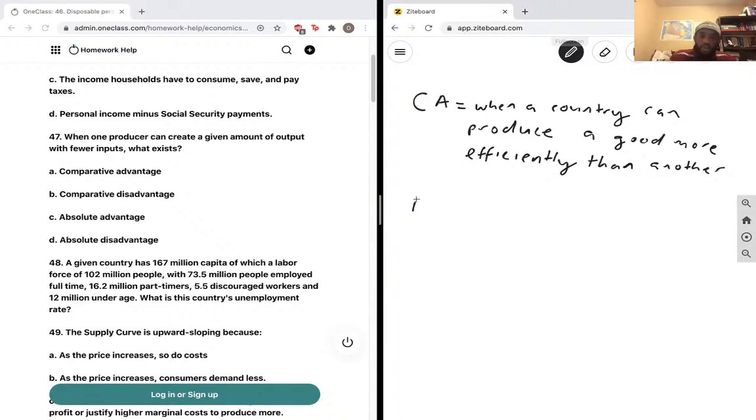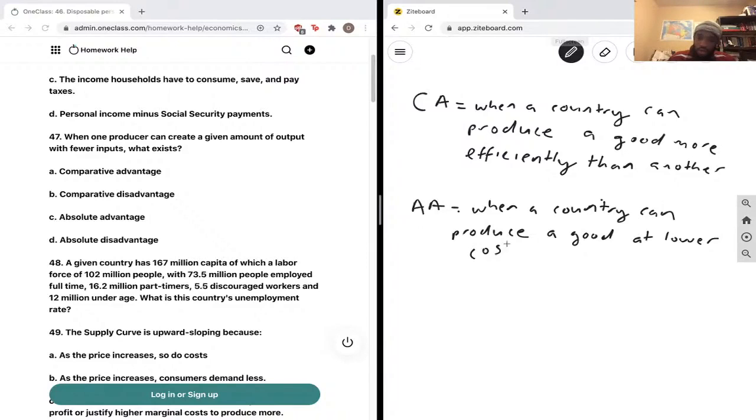And then we'll call absolute advantage AA. This is just when a country can produce a good at lower costs than another.